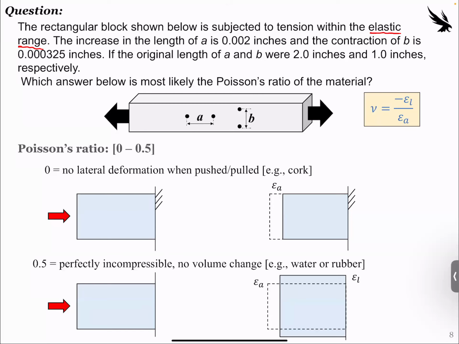In 2D, it would look something like that. It's important to remember those two bookends: 0 being fully compressible, and 0.5 being perfectly incompressible. The key thing with 0.5 is zero volume change, whereas a Poisson's ratio of 0 is maximum volume change.